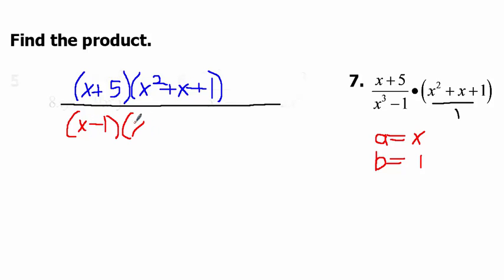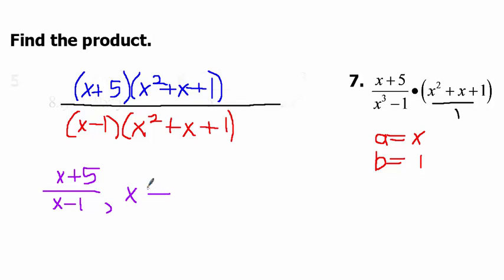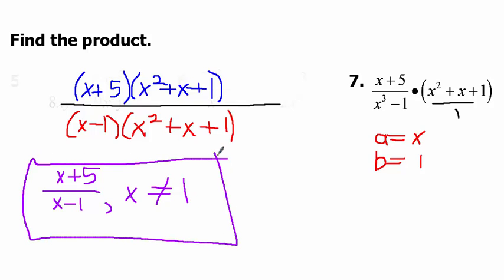Then we have a squared plus a times b plus b squared, which nicely gives me two factors that cancel out, leaving me with x plus 5 in the numerator, x minus 1 in the denominator, and x is not allowed to equal 1. If I could have factored this, it would have given me more, but we are done.